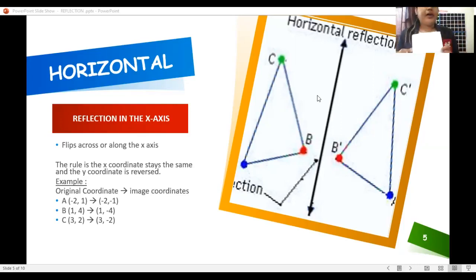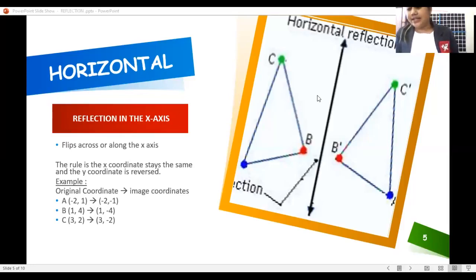Why? Remember, it is a flip across or along the axis of symmetry. Or we can say along the x-axis because we would have folded horizontally and we just punch a point through the paper. And when we open it, we can see that that point flipped across. It flipped from where I punched it to the bottom here of the x-axis. So let us look at that coordinate.